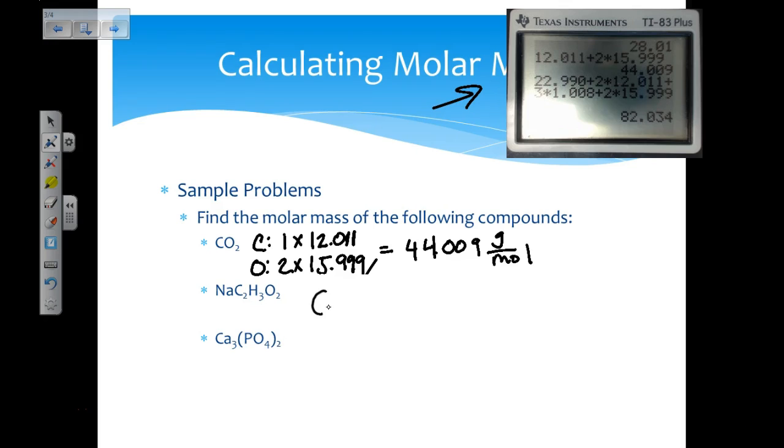So let me do this. It'll be calcium. How many calciums are there? 3. Now phosphorus. There's 1 here, but the 2 distributes, so that's going to be 2 phosphoruses. And then the oxygen, that distributes here, so there's 2 times 4 is 8 oxygens.